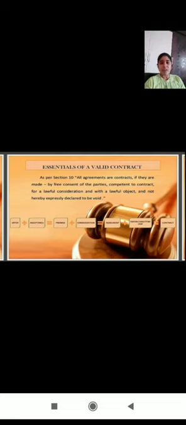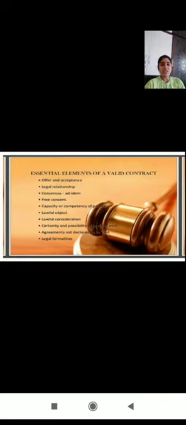So with this statement we can see the essentials of a valid contract. Here we have 10 essentials, and these are very important while making a contract with other persons in business or trading.